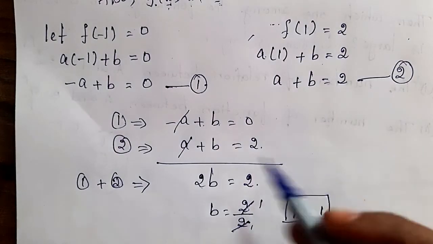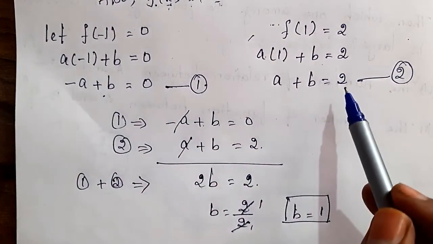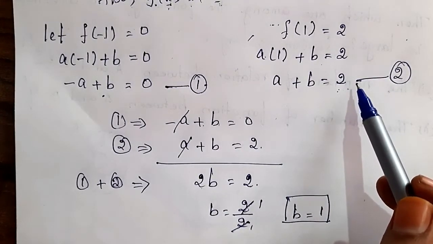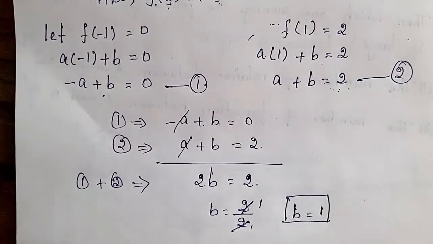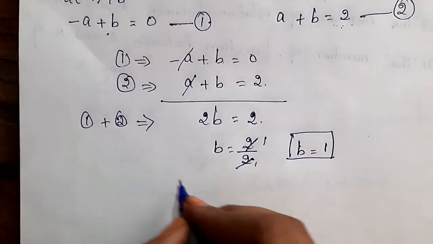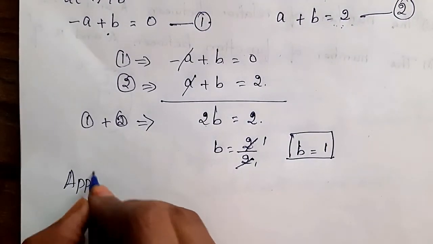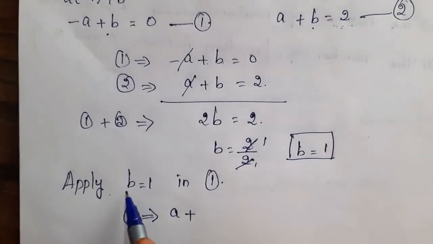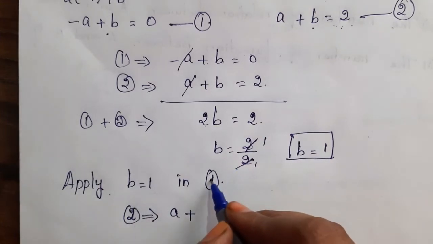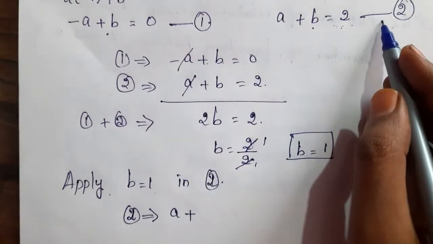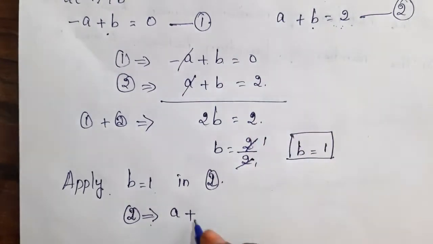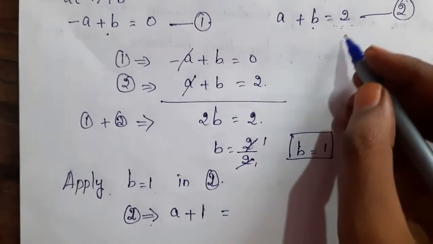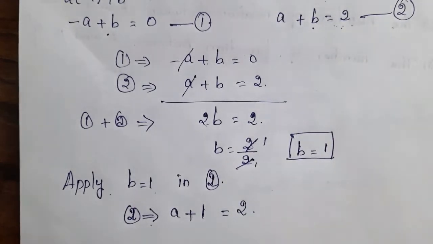Now you can apply the value in equation number 1 or equation number 2. I apply it in equation number 2. Apply b equal to 1 in equation number 2. So a plus, in this place of b just put 1, equal to 2.